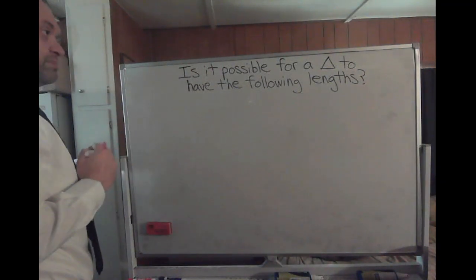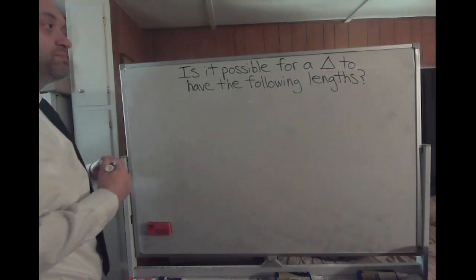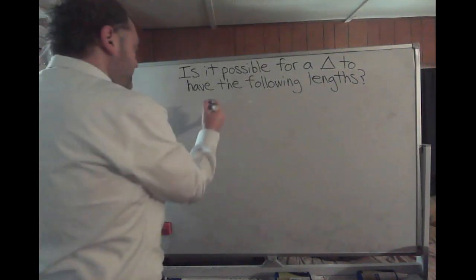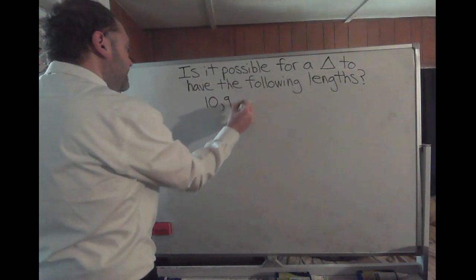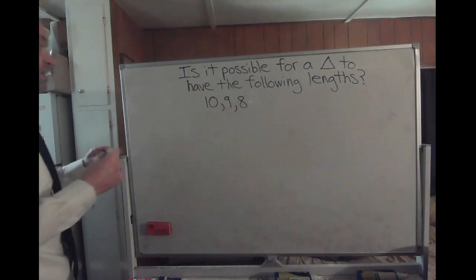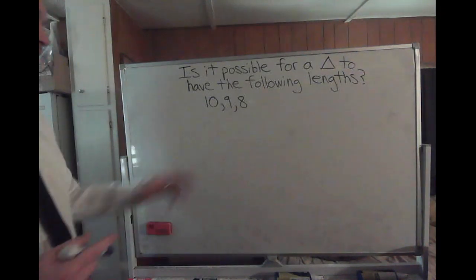Alright, so we're about to be given some lengths here, right? We need to determine if it's possible for triangles to have that. You have lengths 10, 9, and 8. So how are we going to determine if it's possible for a triangle to have the lengths?